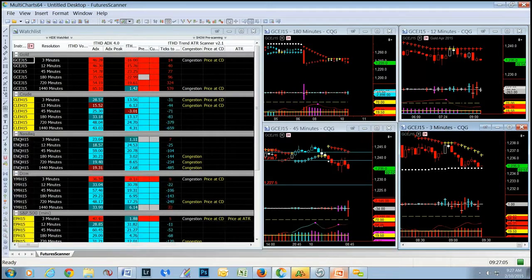Well, they have to hide, because otherwise it would be too easy to trade. We'd all know everybody's going long, so just jump on board. Of course, our volume indicator shows that as well.